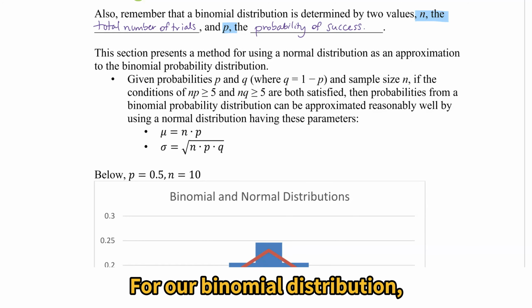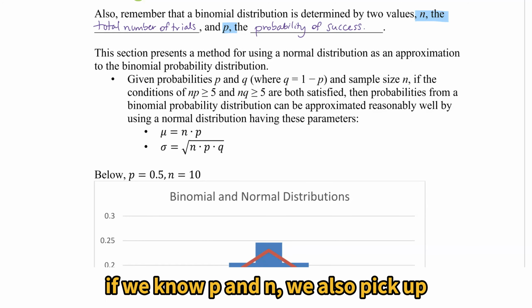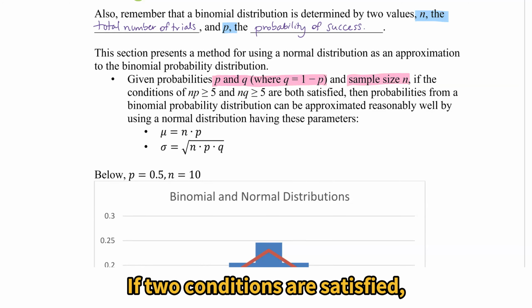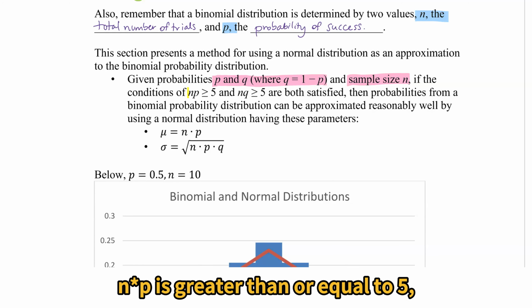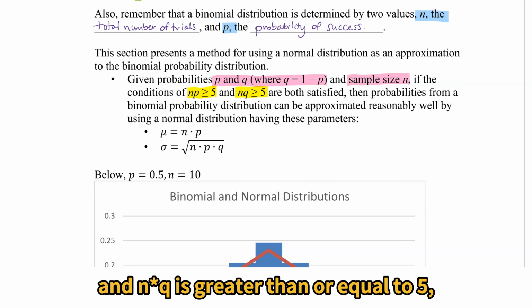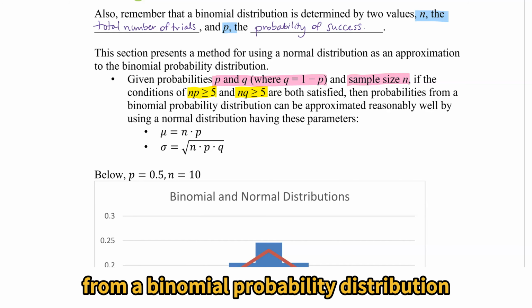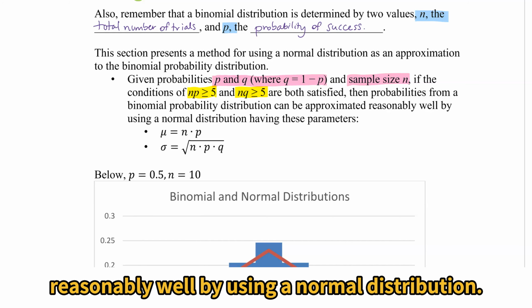For our binomial distribution, if we know p and n, we also pick up q, which is 1 minus p. If 2 conditions are satisfied, n times p is greater than or equal to 5, and n times q is greater than or equal to 5, then we can approximate probabilities from a binomial probability distribution reasonably well by using a normal distribution.